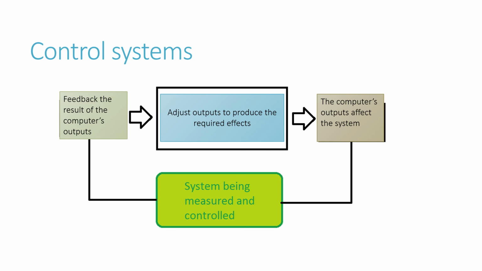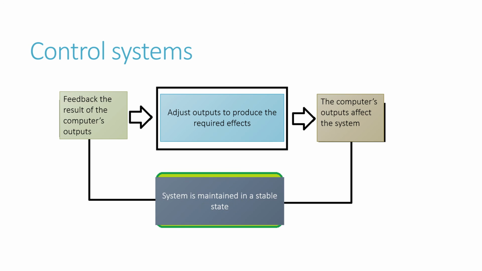This is called a control system, and this is called the control loop or the feedback loop. By using this kind of system, a computer can work constantly without a person there to keep a system within the bounds that we have decided in advance. The system is maintained in a stable state. For example, the bread gets cooked.